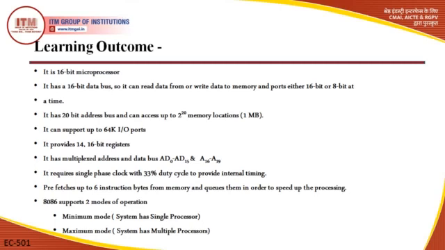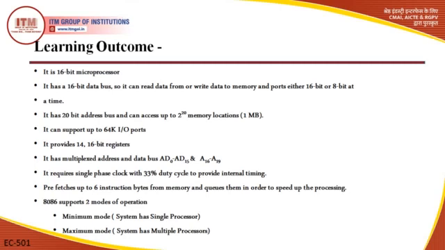8086 has a multiplexed address and data bus. The notation for this is AD0 to AD15, and 4 lines are separate, A16 to A19, dedicated for address only. 8086 requires a single phase clock with 33% duty cycle minimum for providing internal timing. 8086 prefetches up to 6 instruction bytes from memory and queues them in order to speed up the processing.